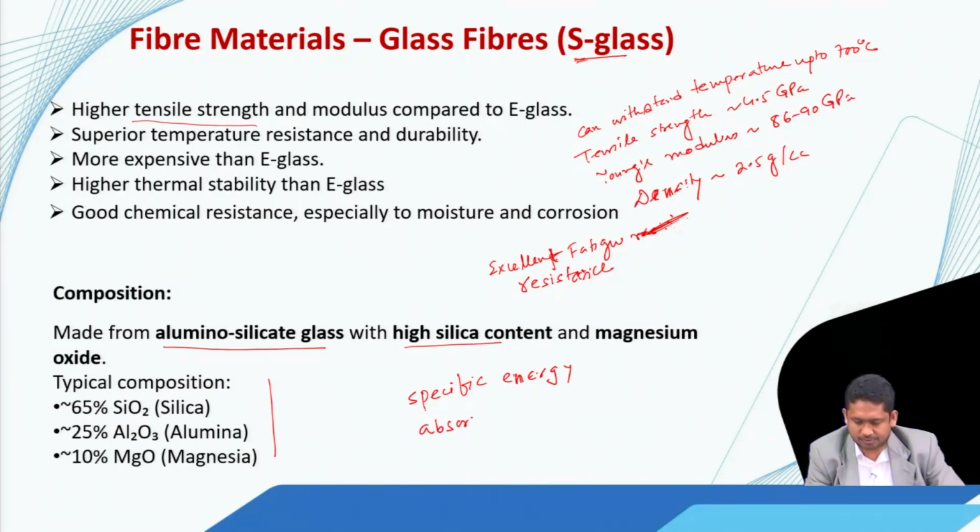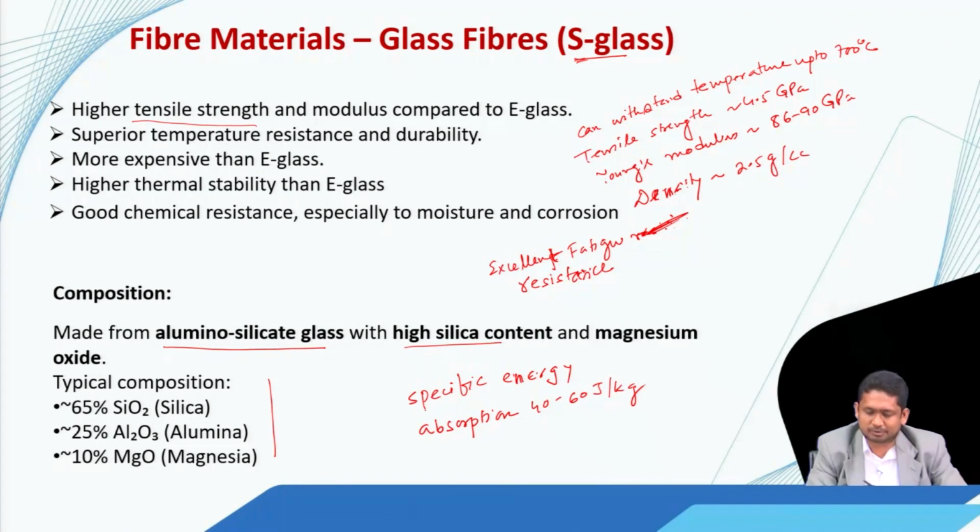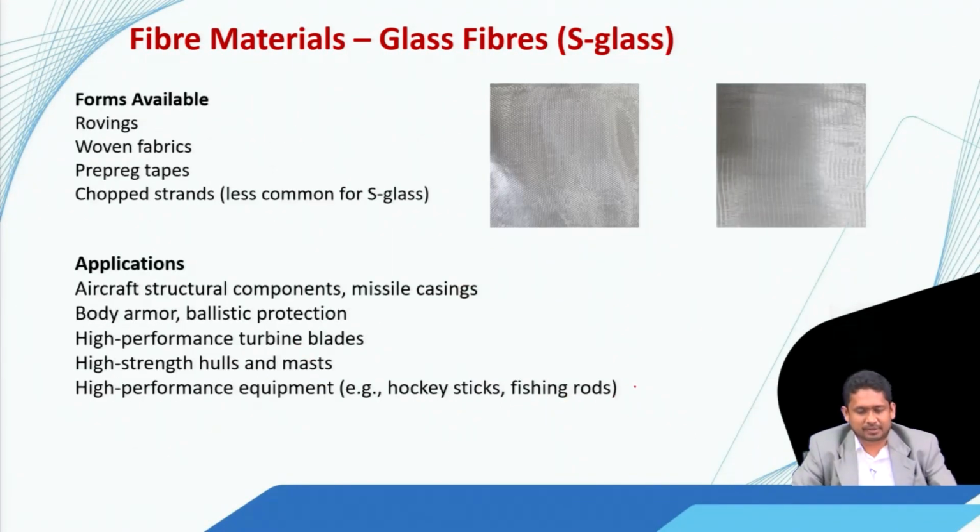Specific energy absorption is around 40 to 60 joule per kg. Specific energy absorption means how much energy per unit mass can be absorbed.